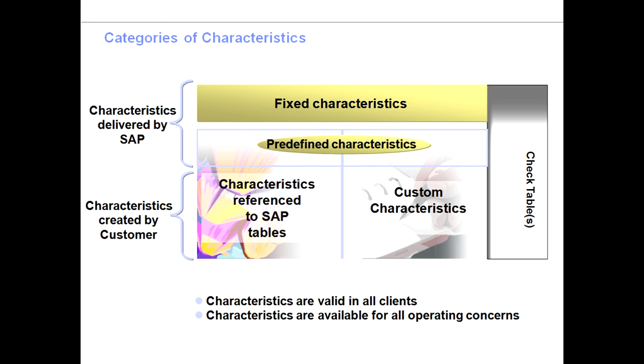So let me eliminate the state part because the state is a standard function, but based on say location, based on say area, in that case I need to create them as characteristics because those are not straight away available in the system.